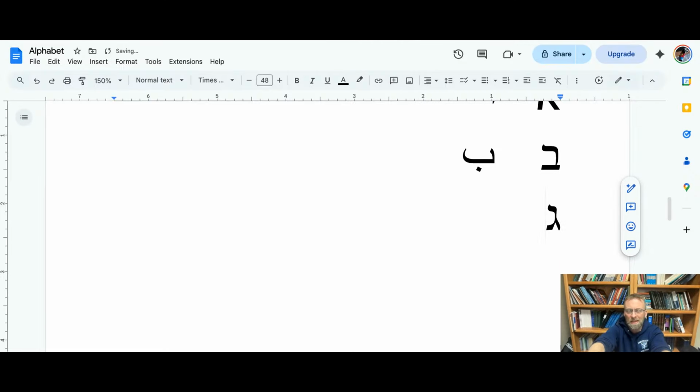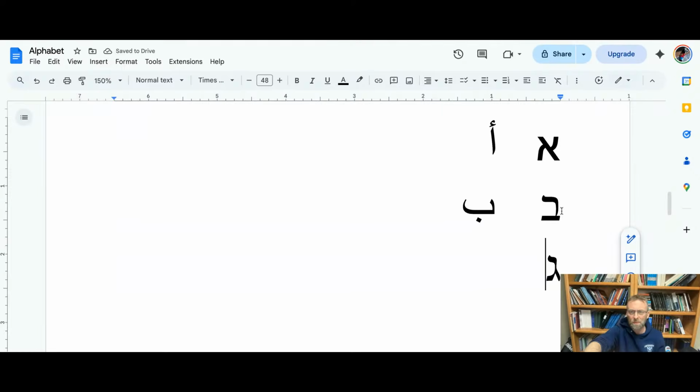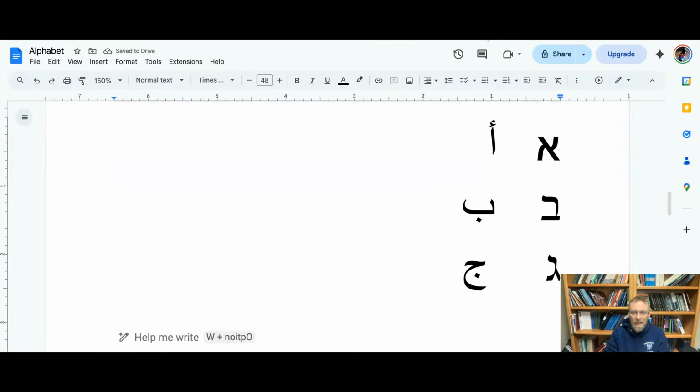Okay. Now what we have next, if we're going to follow the Hebrew order of letters, the next letter is Gimel. Aleph, Beit, Gimel. And in Arabic, what we're going to find is the letter Jim, like Jim. In Palestinian or Levantine Arabic, this would be pronounced as a J, okay?